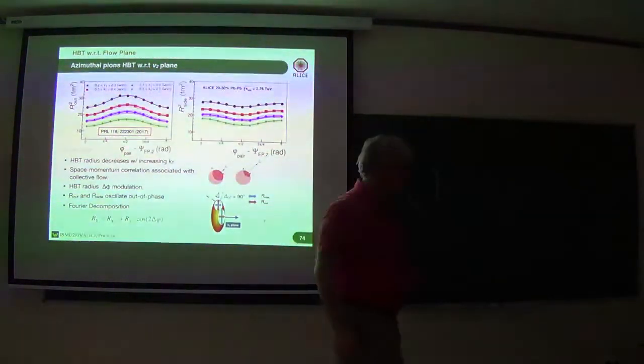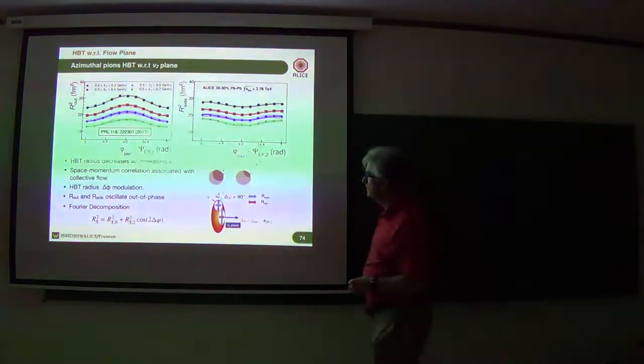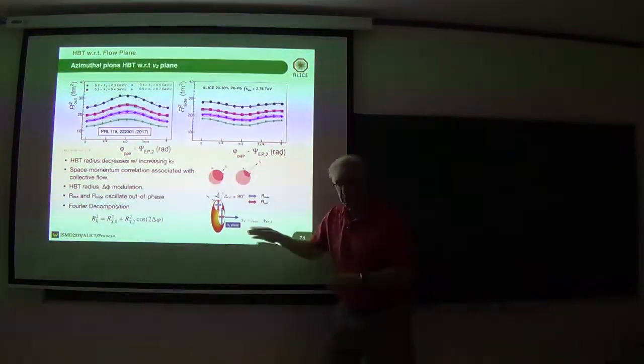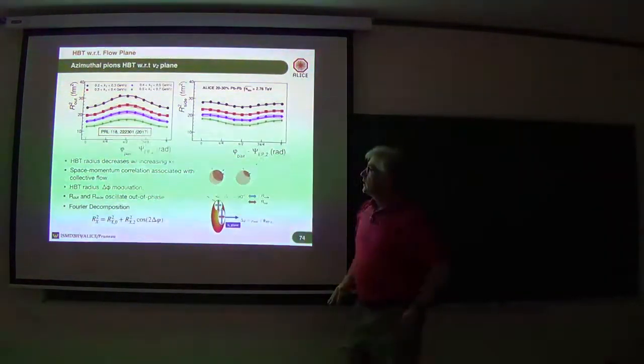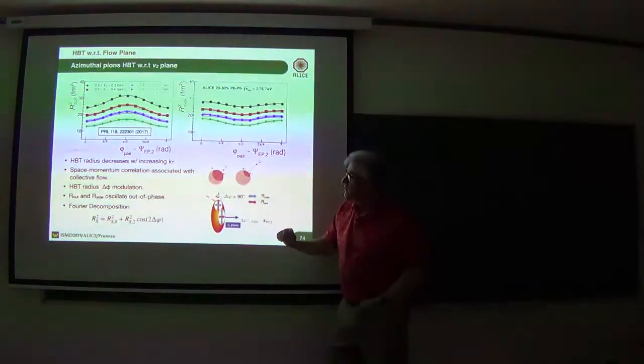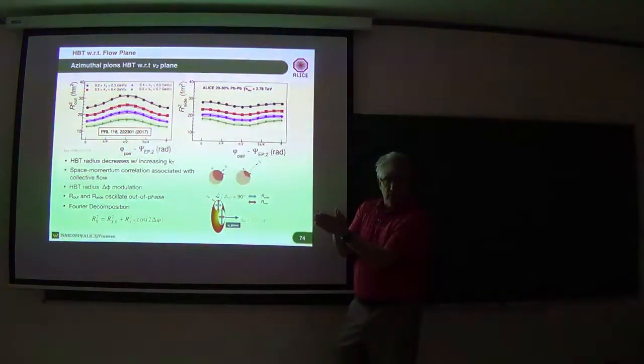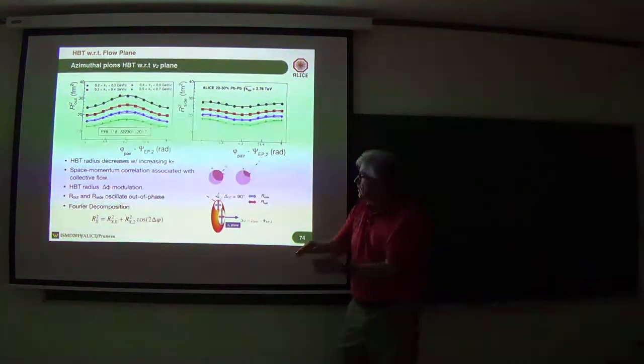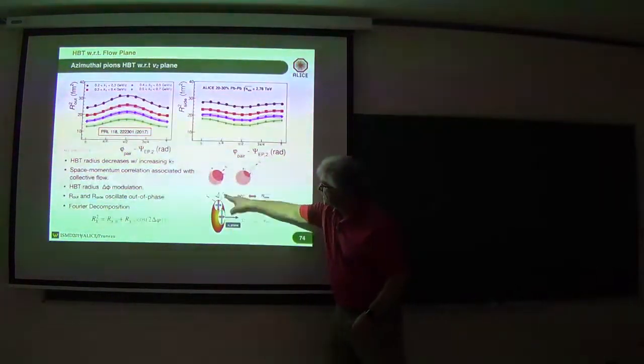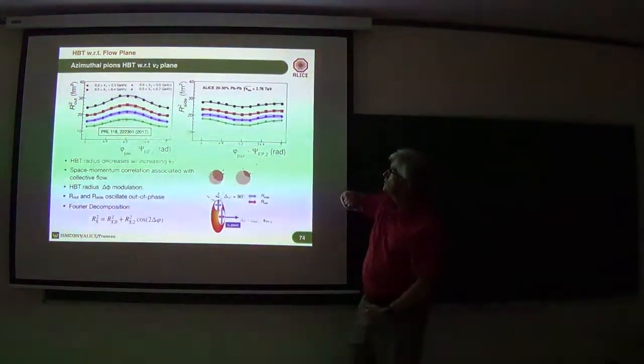And so when you look in this direction, the particles are flowing faster, so at 0 degrees, you will see a smaller width of the system. When the system is sideways this way, you will see a larger system.